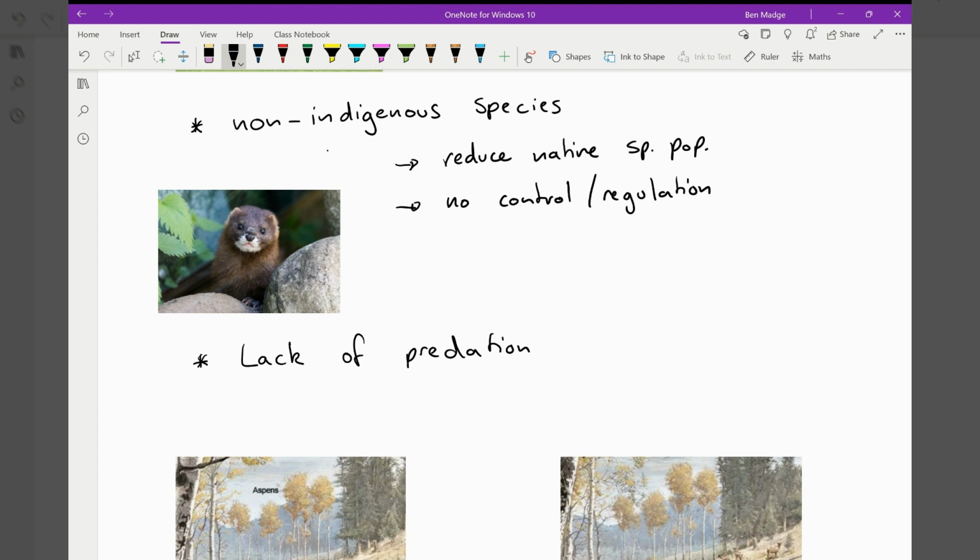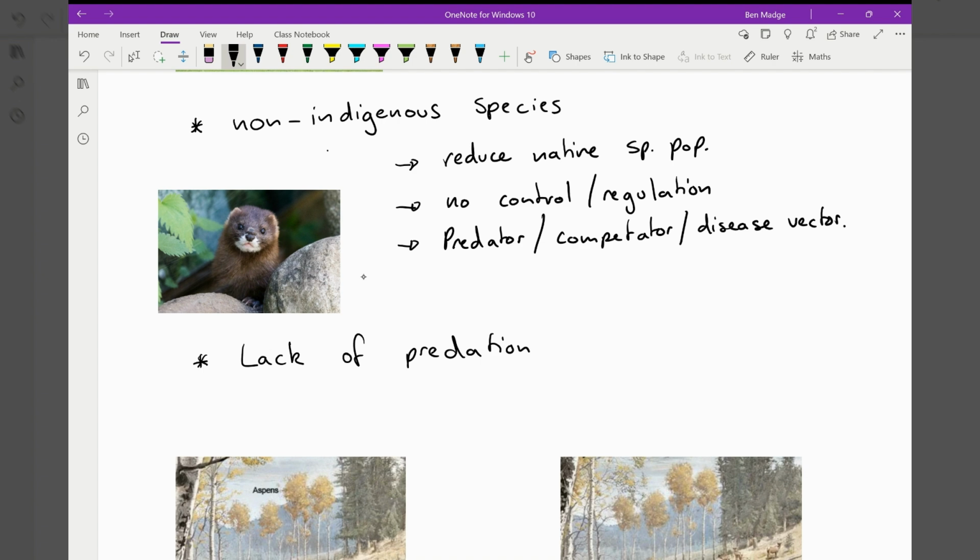So it might reduce native species because it is a predator, or it might be a competitor, or it might carry diseases, so it's a disease vector.